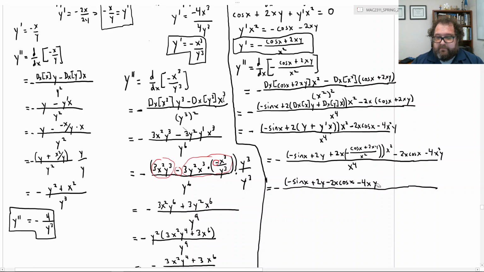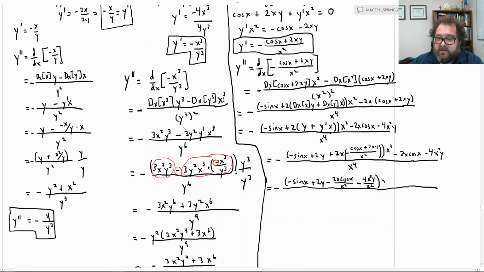Okay, sorry. The numerator was right, not the denominator. So it's going to be negative 2x cosine x over x squared. I forgot about that denominator. Minus, okay, that's going to be 4x squared y over x squared.